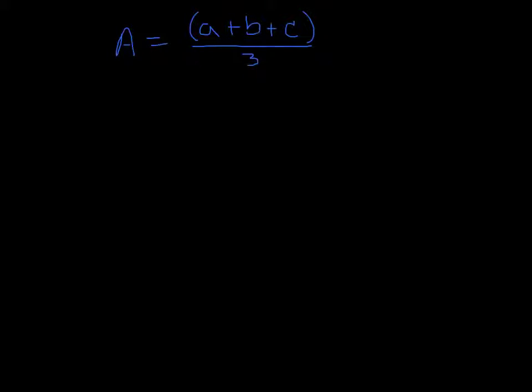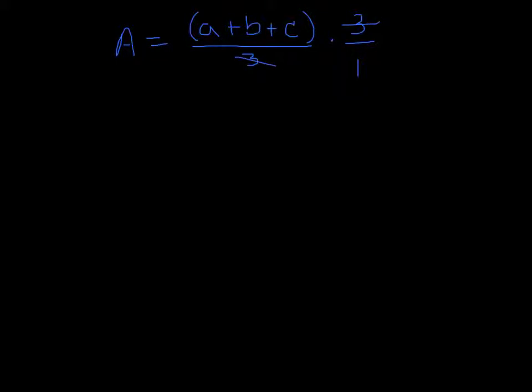Now in this case, we can't really do anything with them because they're all unlike variables. So what we need to try to do first is get rid of this 3. Since 3 is on the bottom of a division sign, or bottom of a fraction, we multiply instead by 3 over 1, and you can cross cancel here and your 3's go away.